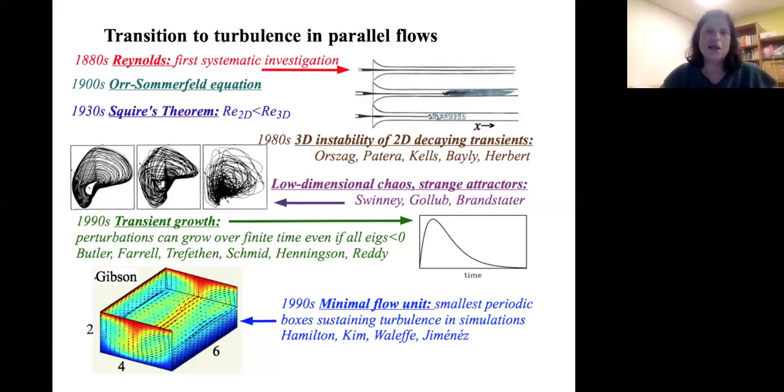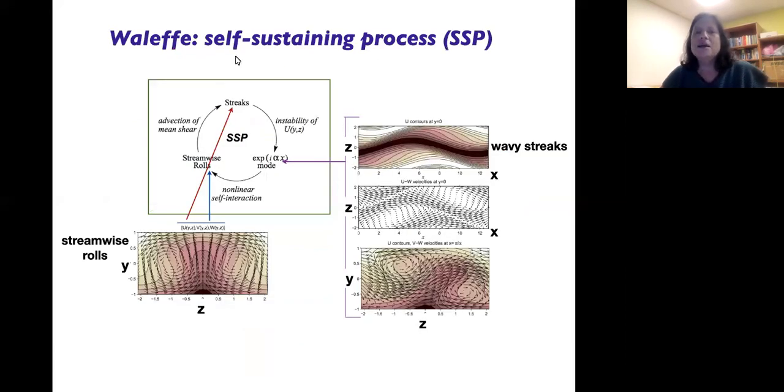And then he derived what is now called the self-sustaining process, SSP, and we still believe in that as being kind of behind the scenes in turbulence.